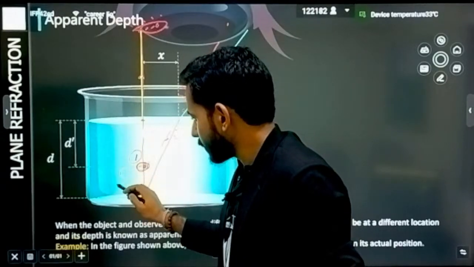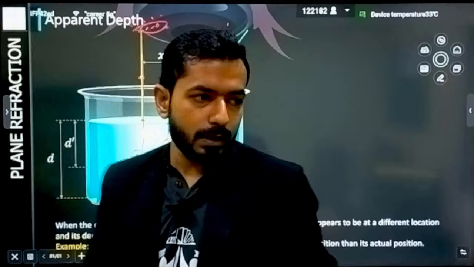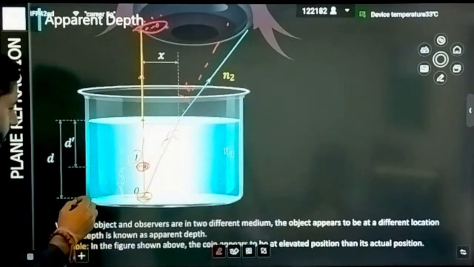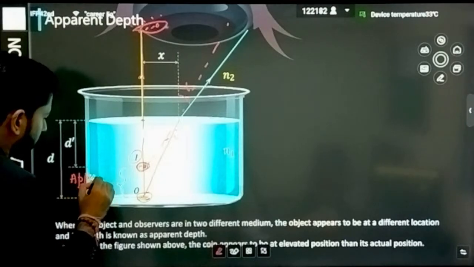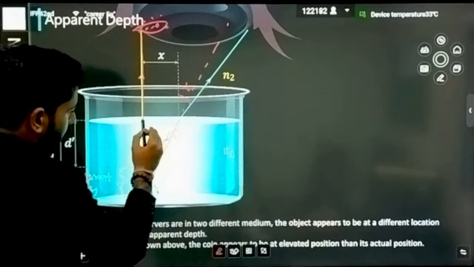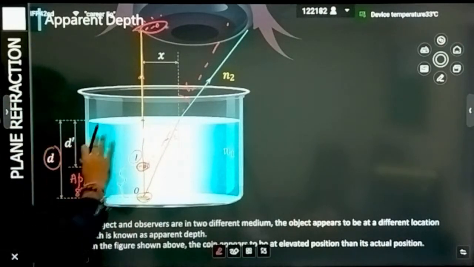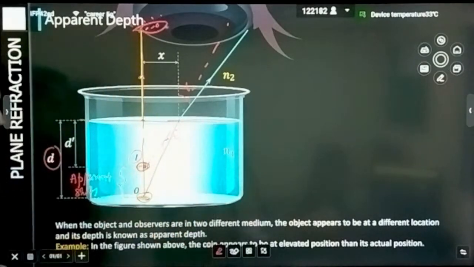And this shift that you are getting is called the apparent shift. This complete depth, represented as d, measured from the reference surface, is called the real depth. All these things are calculated from here.